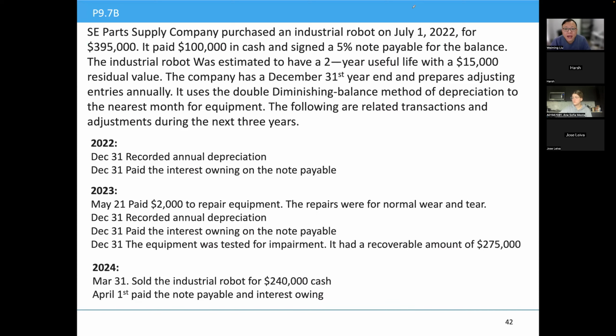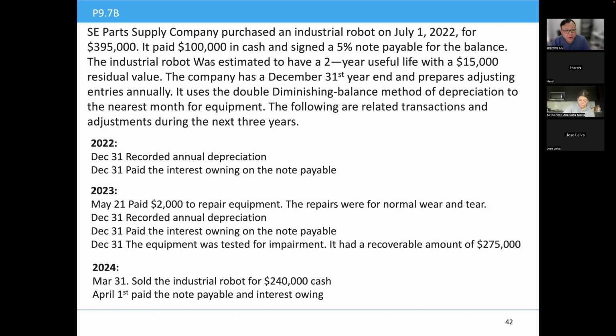The purchase price is 395,000. It paid $100,000 in cash and signed a 5% note payable for the balance. Note payable is a liability.